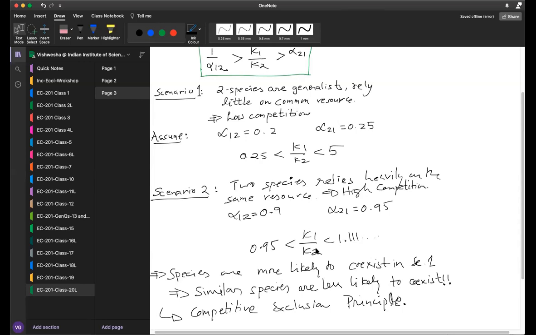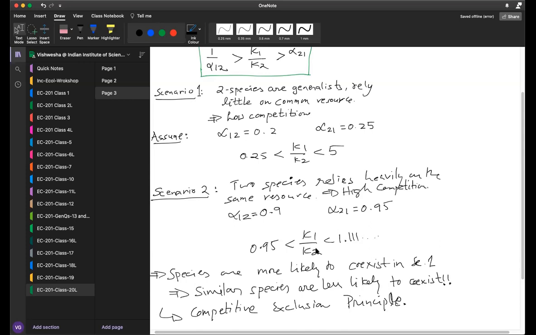They're identical if the effect they have, in terms of competition, is 1 unit, right? Okay. The farther you are from 1 unit, the less similar you are. Wait, so there you're checking like the alpha values, right? Exactly. Alpha values tell me, alphas being closer means they are very similar.